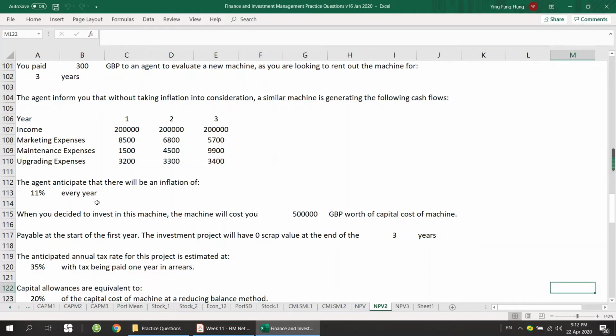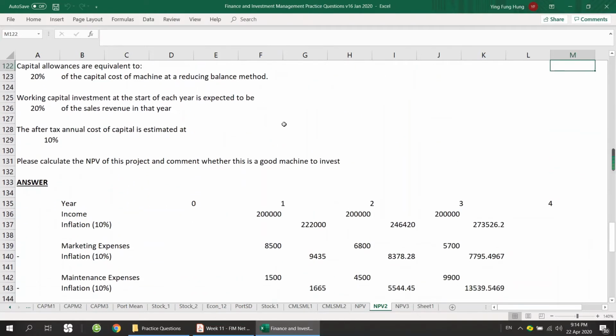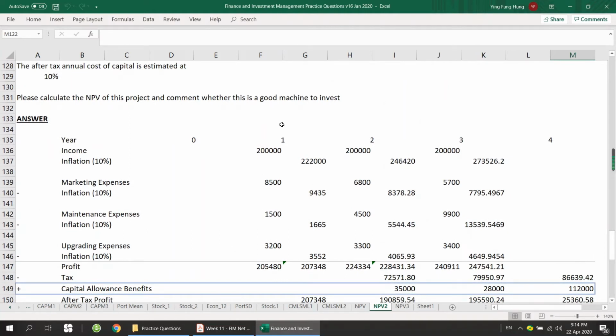Based on the information that we gathered from the agent, there will be an inflation of 11% every year for the income and for the expenses. First thing that we need to do is to write down the numbers for the income and the numbers for the expenses. So if you scroll down, you will see here.